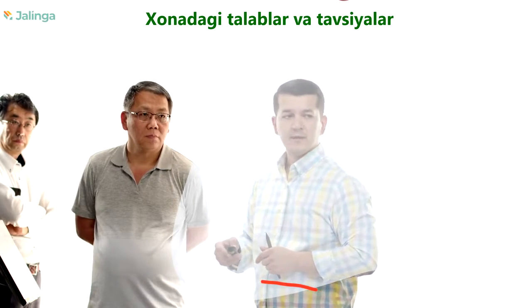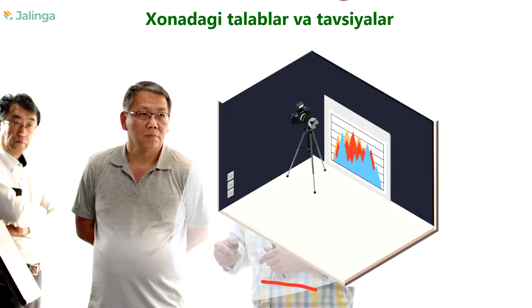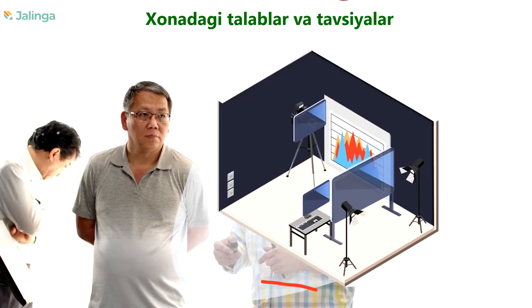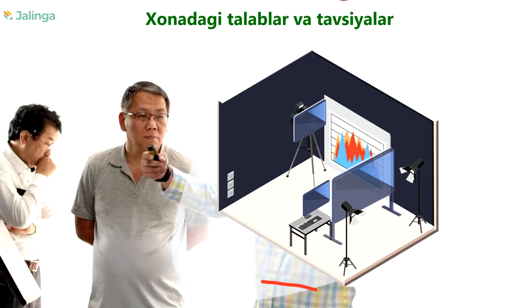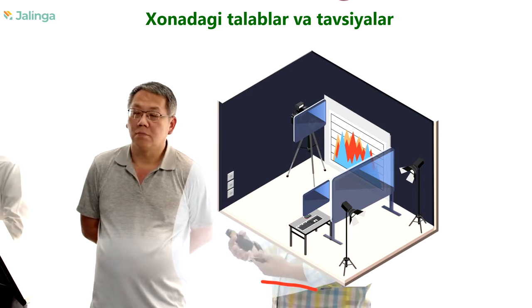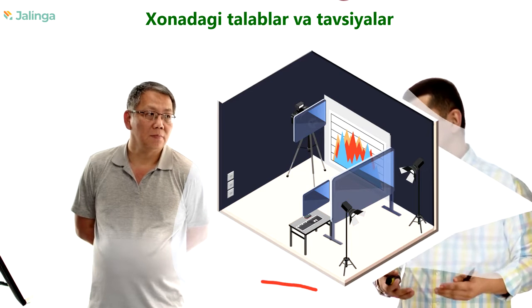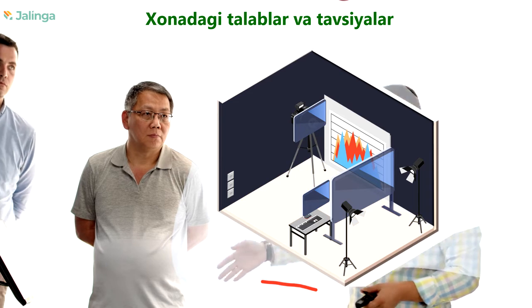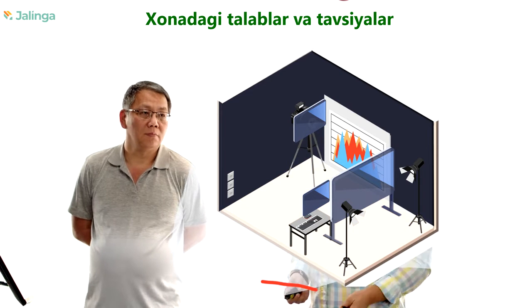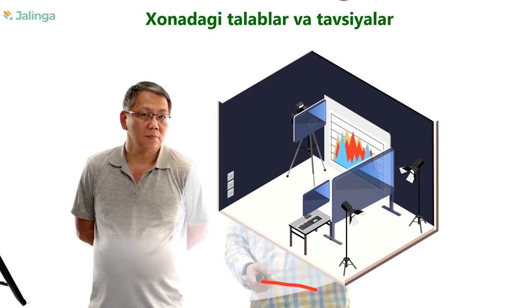Here we updated these instruments. We add 2 screens for the confidence of the teacher. If I stay on the right side, I can see the presentation from the left side. If I'm on the left, I can see it from the right. If I'm in the center, I can see that.